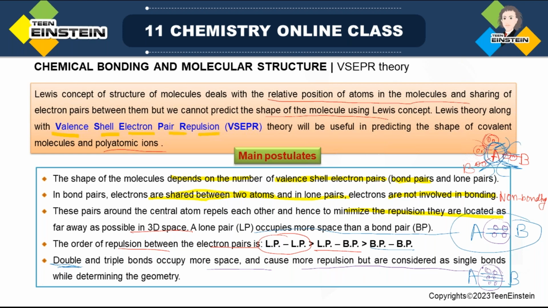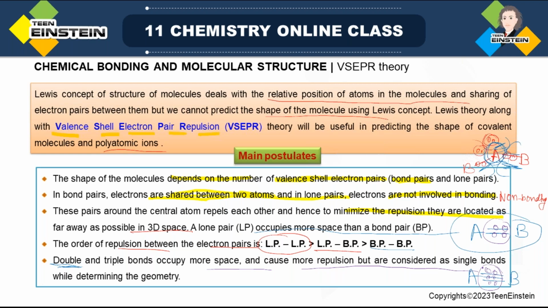So the statement says that double and triple bonds will obviously take more space because the number of electrons is high. But when you consider the geometry, they will be treated as if they are also single bonds. Right now if you are feeling this is a little confusing, it will gradually become clear when you actually see the examples.